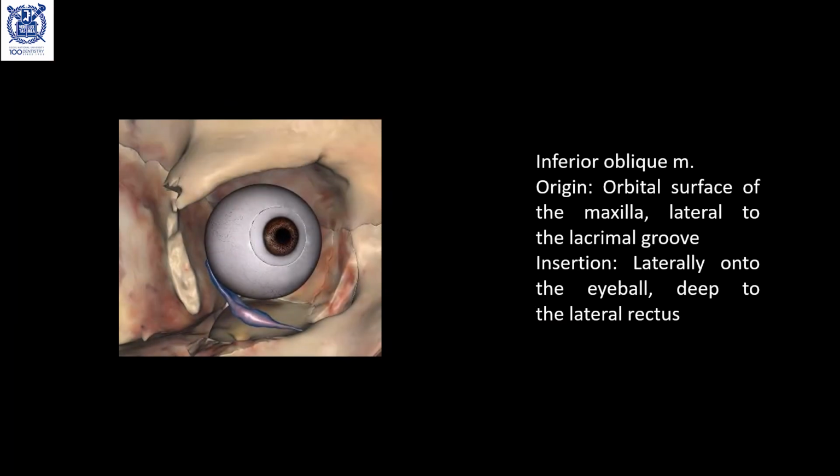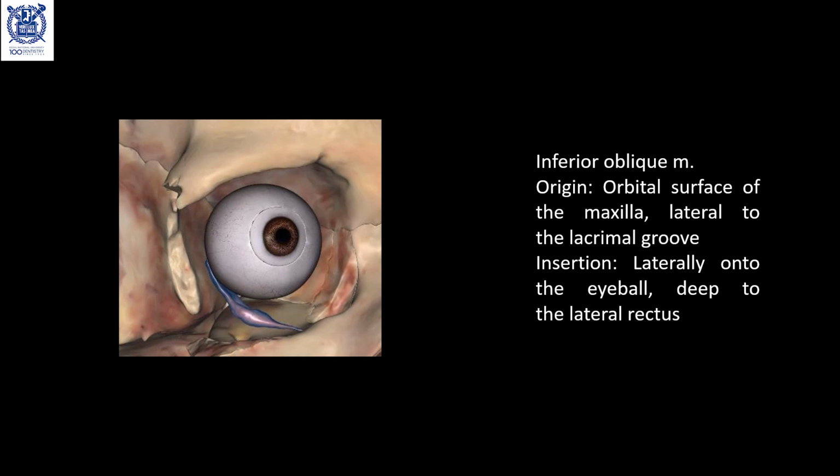Inferior oblique muscle. It is also called obliquus oculi inferior. It is a thin, narrow muscle placed near the anterior margin of the floor of the orbit. The inferior oblique is an extraocular muscle and is attached to the maxillary bone and the posterior inferior lateral surface of the eye.